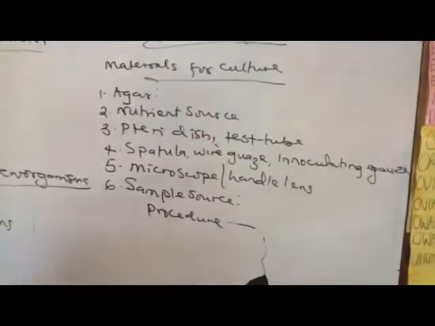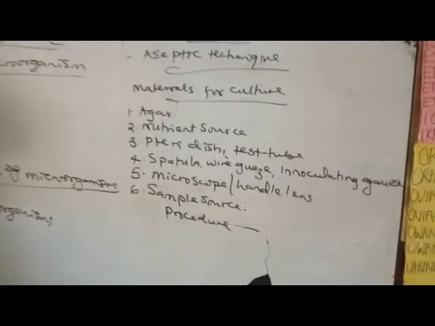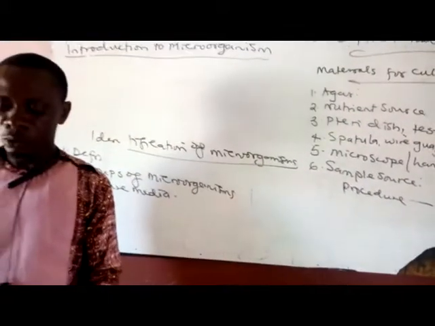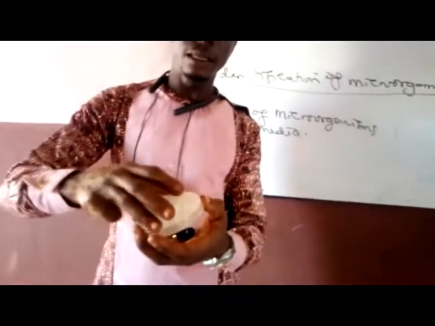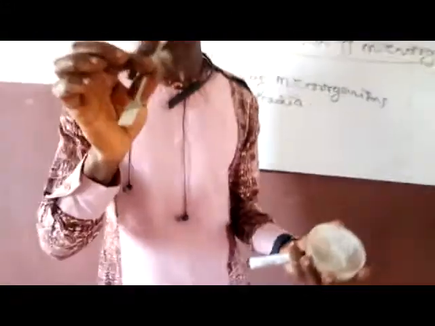If you do not know what a Petri dish is, this is the Petri dish. You see that it has a lid, it can be covered. This one is the spatula, and of course, this is your test tube.